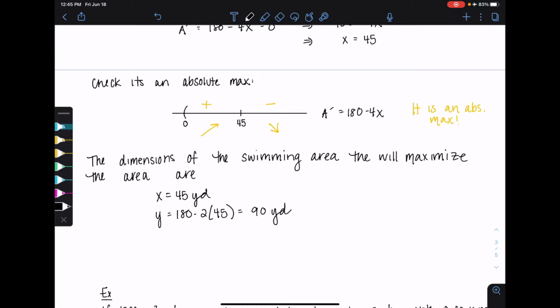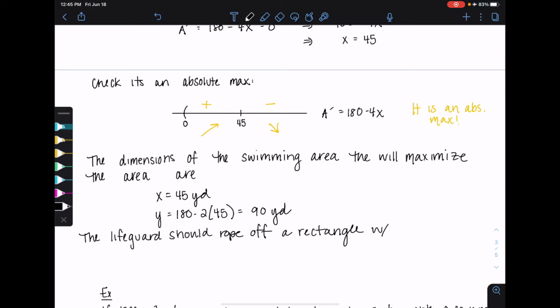Ultimately, the lifeguard should rope off a rectangle with dimensions 45 yards by 90 yards.